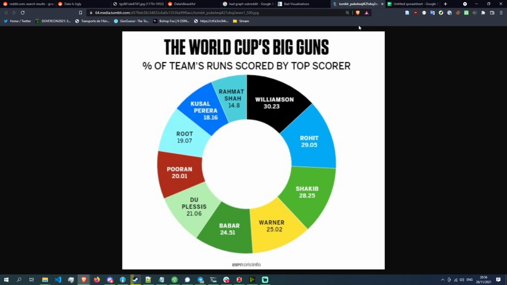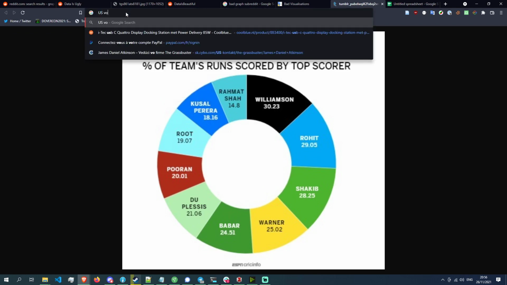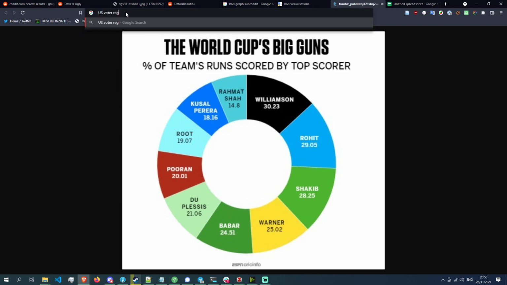So, I kind of wanted to go on the topic of politics, because that's the thing I did last time, and that's the thing that was fun. Now, the fun thing about politics is that in Europe, data isn't public, but in the US, ooh, hello. So let's go into a US voter registration spreadsheet.